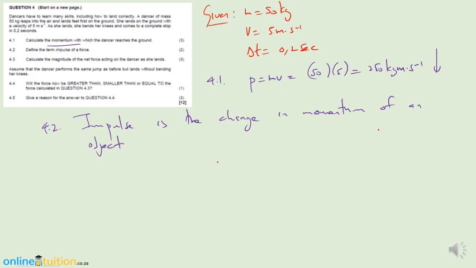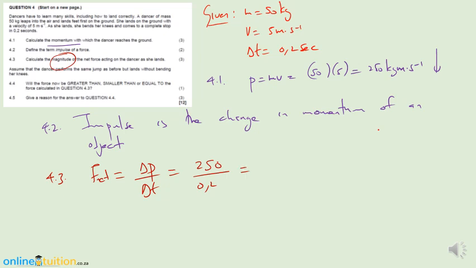And then the next question. Calculate the net force. Well, F net, its magnitude, so we don't have to give direction. It's delta p over delta t, the change in momentum. She starts from rest coming down there. The change in momentum is what we calculated here, 250, over 0.2.